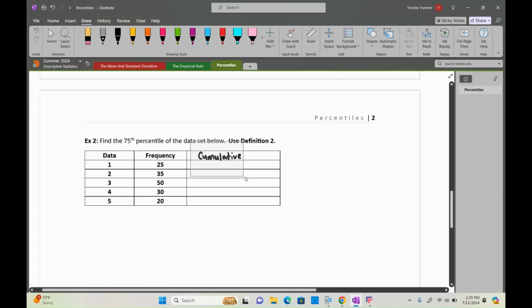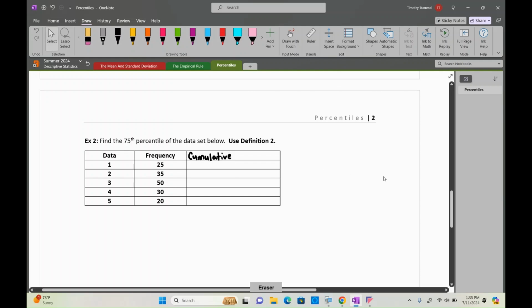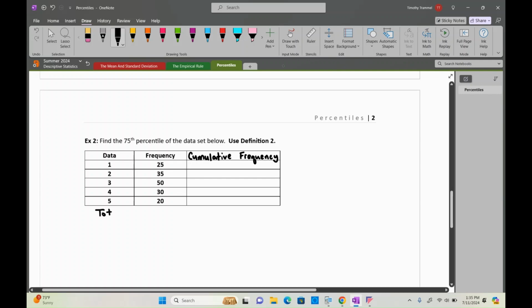Let me see if I can scoot that over so I have a little more room to write the word frequency. There we go. We'll talk about what cumulative frequency means in a minute. I just wanted to label that. But I also am going to want to find a total here at some point.